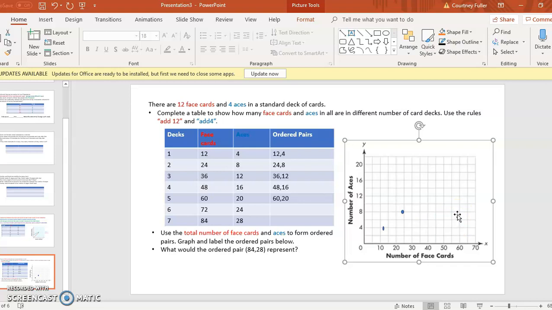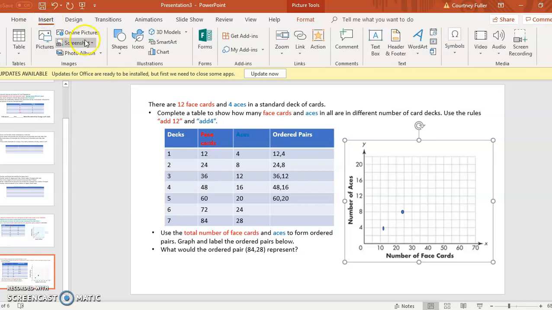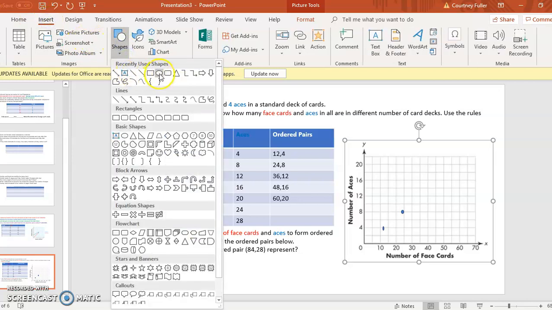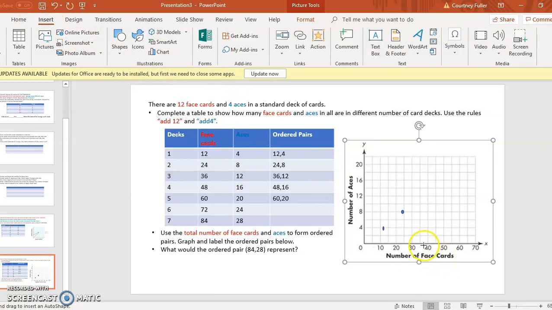The next ordered pair is 36, 12. So again, we're going to go in between 30 and 40. Directly in between 30 and 40 would be 35, but we're looking for 36, so we're going to go just a hair above 35 and whoop, our way up to 12.